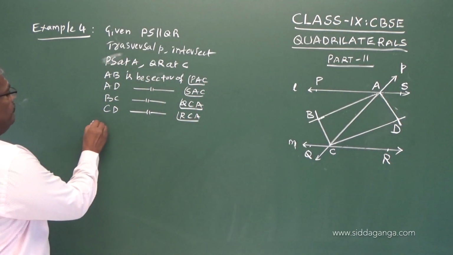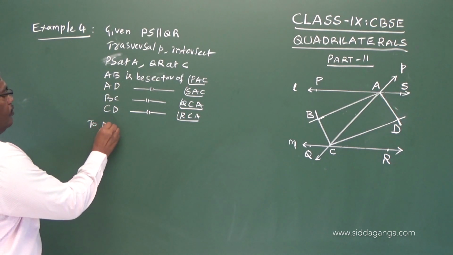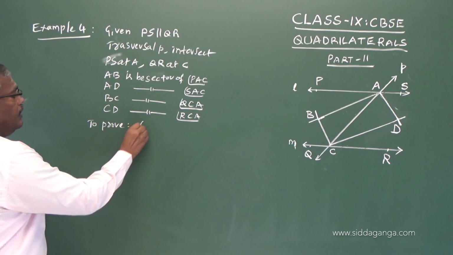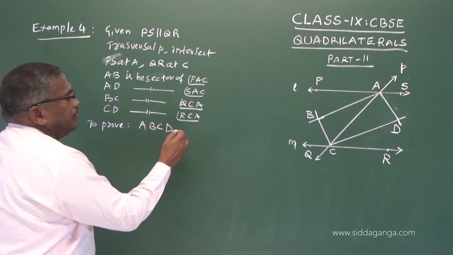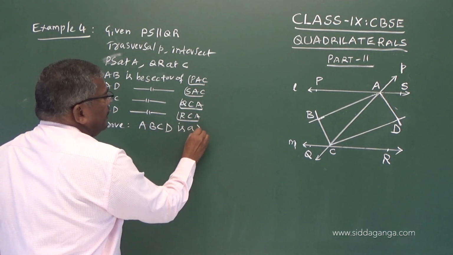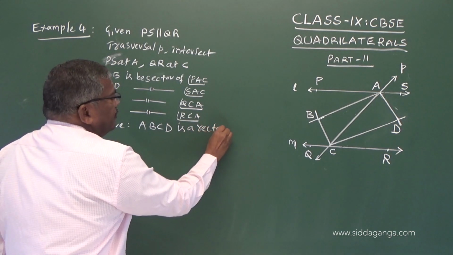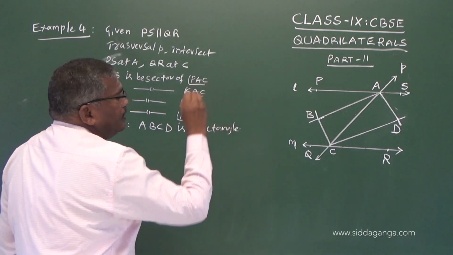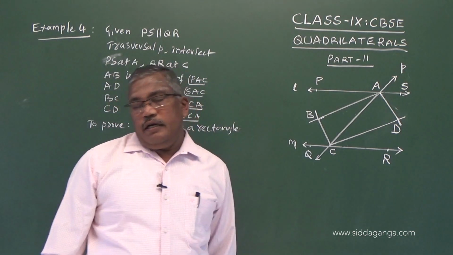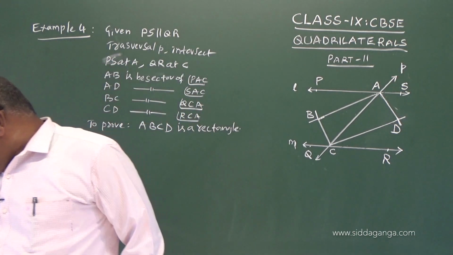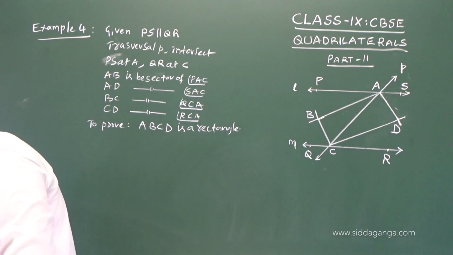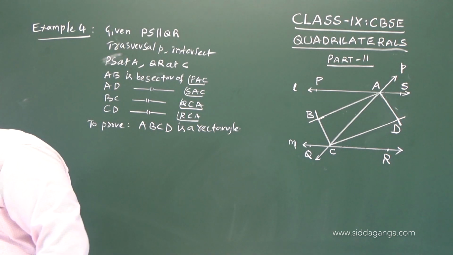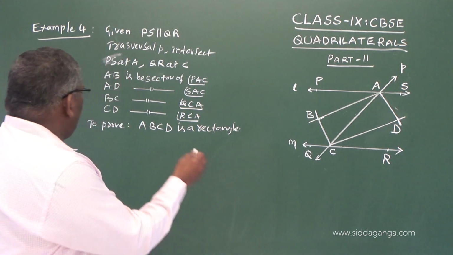To prove: ABCD is a rectangle. So this is what is to be proved.